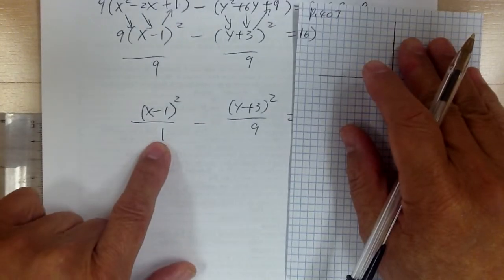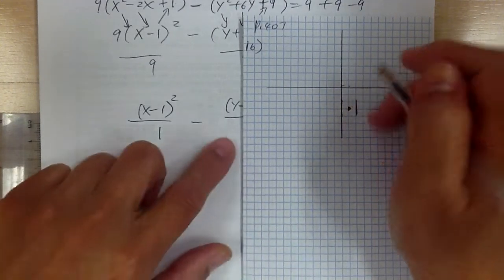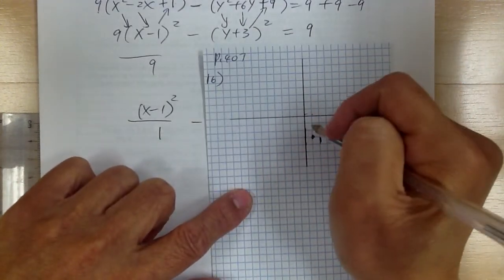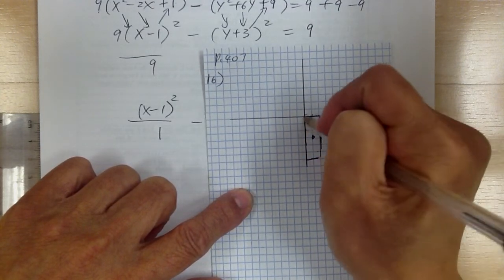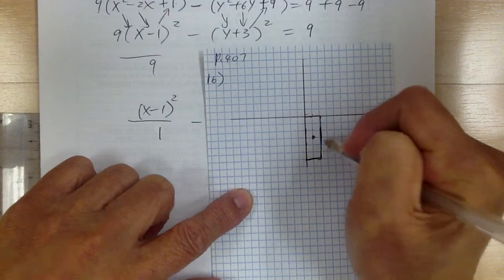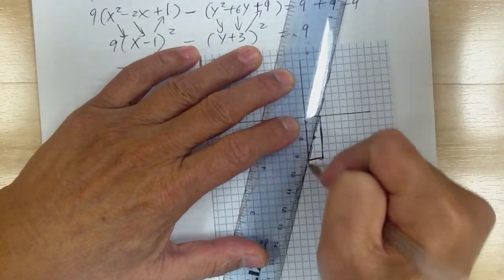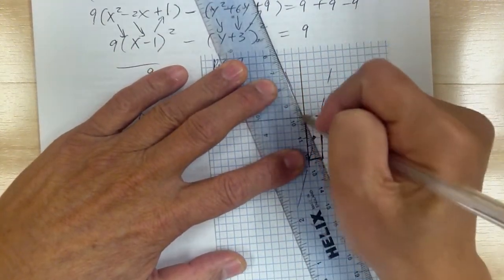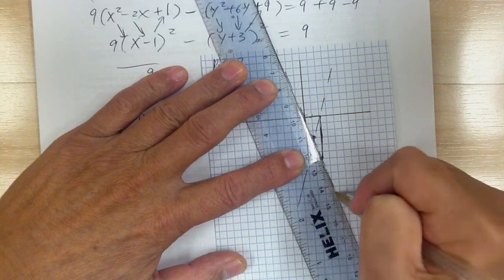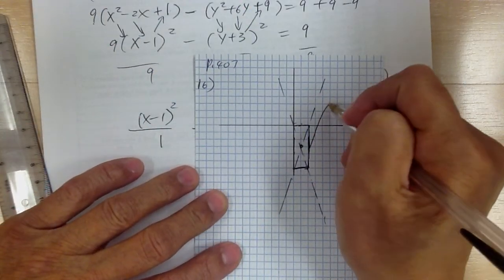So you're going to go 1 in the x direction for the box and 3 in the y direction for the box. Okay, so here's your box, and here's your asymptote. So this is to do the graph. And this is an x direction, so your graph is going to go in the x direction.